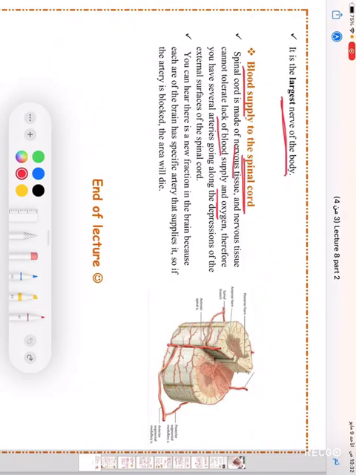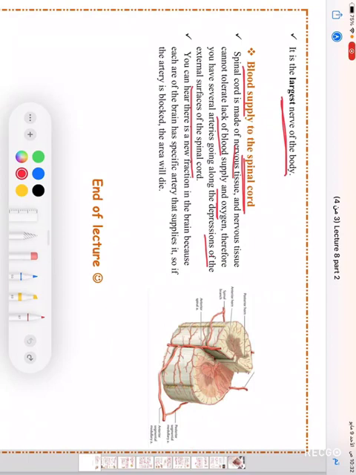Therefore, you have several arteries going along the depression of the external surface of the spinal cord. Of course, nervous tissue cannot survive without blood and oxygen and dies within seconds.